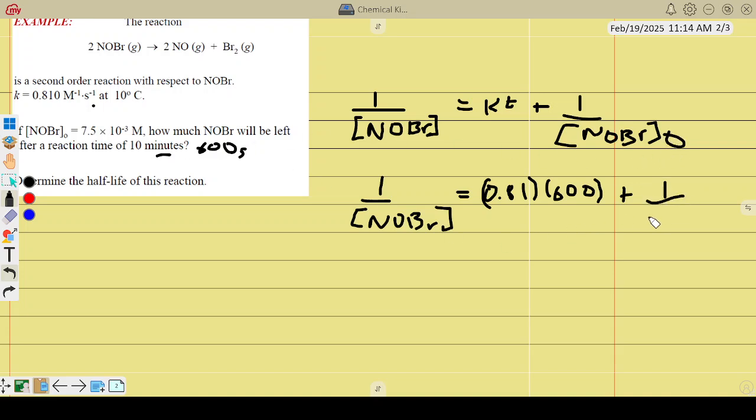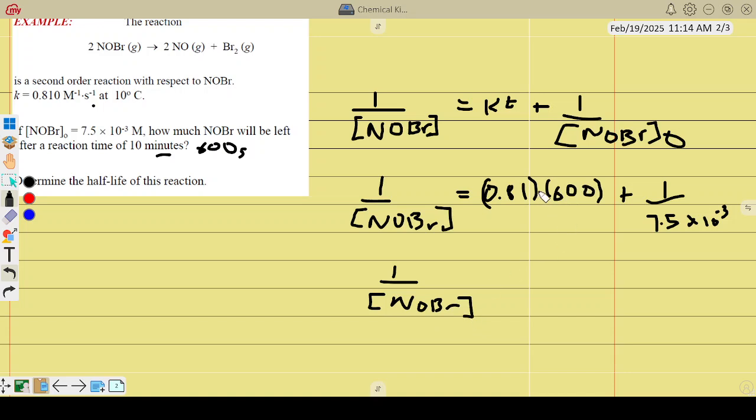They gave us 7.5 times 10 power negative 3. So you have everything here. I think you can manage to continue from here. Let's rush to something else. We have that.